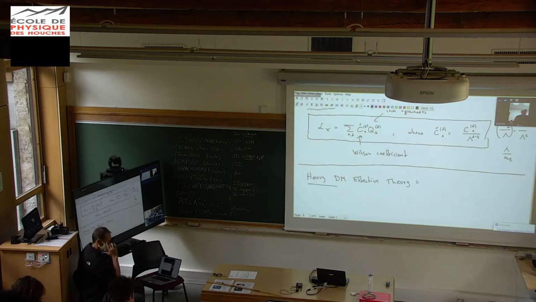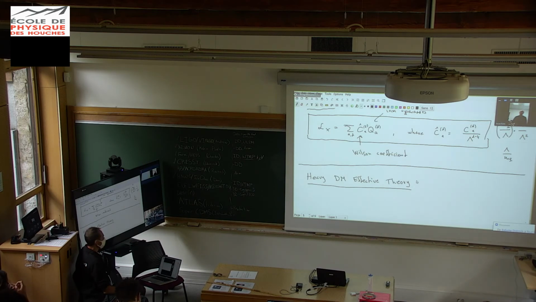And I should say, this was essentially just stolen from the flavor physicists, because they had to treat essentially B mesons at low energies, and the B quark is still relatively heavy at low energies, so they had to do a similar effective theory. So we can just take over this whole formalism for an elementary dark matter which doesn't have strong interactions. It's much simpler because you don't have the complications of the strong interactions. So that's where all this formalism comes from.